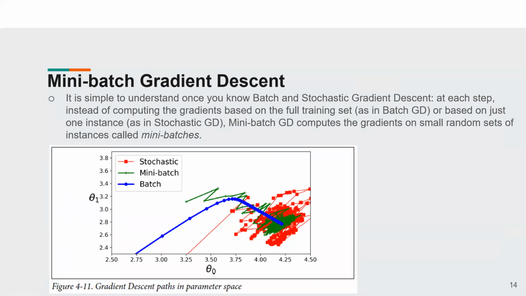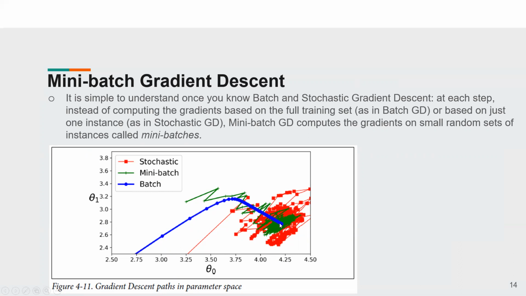Here, I just want to introduce one more thing called mini batch gradient descent, which is in between batch and stochastic. In the stochastic case, it jumps around all the time, which is the red line, and finally settles in a solution. The solution is theta 0 is 4.2 something and theta 1 is 2.77. And then the batch is more straightforward, right?